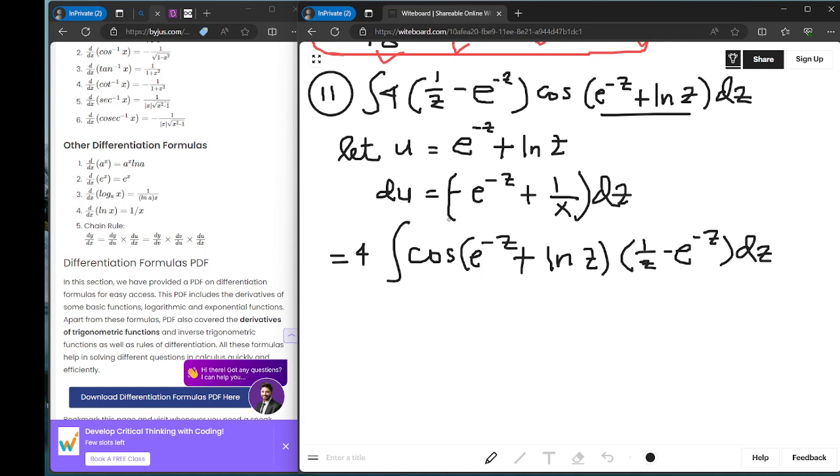Here in the given, we have negative e to the negative z. But we can use the commutative property.